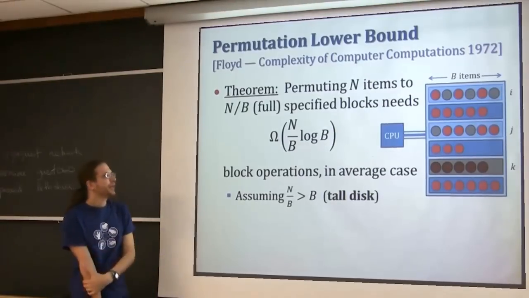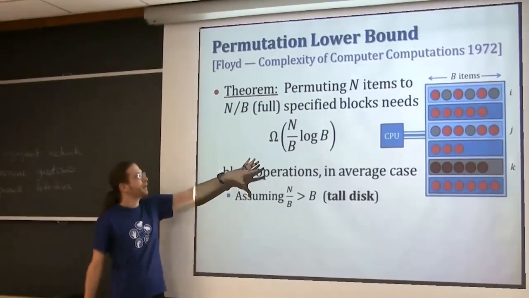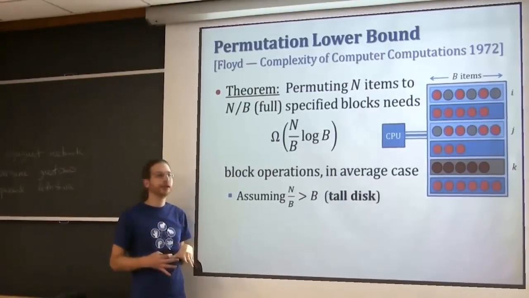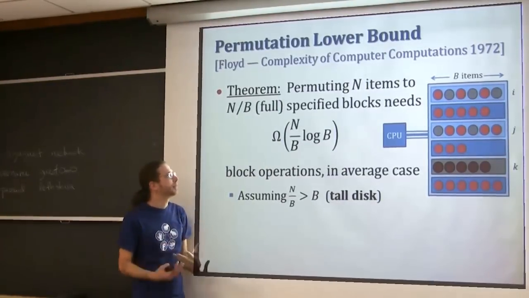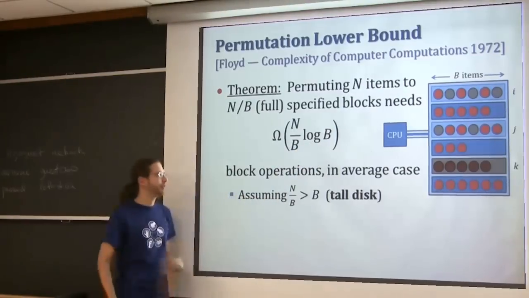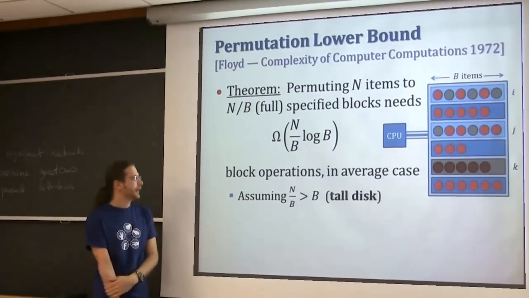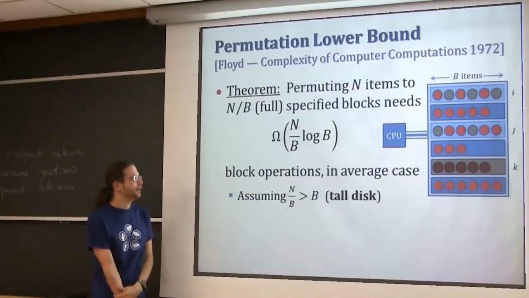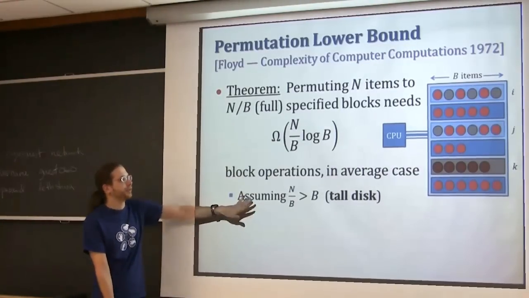So this is kind of interesting, because just to touch those blocks requires n over b block operations. But there's an extra log factor that starts to creep up, which is maybe a little bit surprising. Less surprising for people who are familiar with I/O models, but at the time, very new. And I'm making a particular assumption here, but just a small thing.